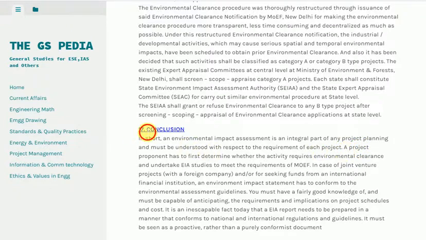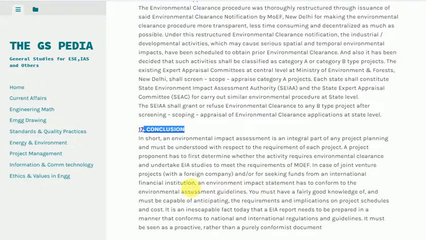In case of joint venture projects with a foreign company and/or for seeking funds from an international financial institution, an environment impact statement has to conform to the environmental assessment guidelines.